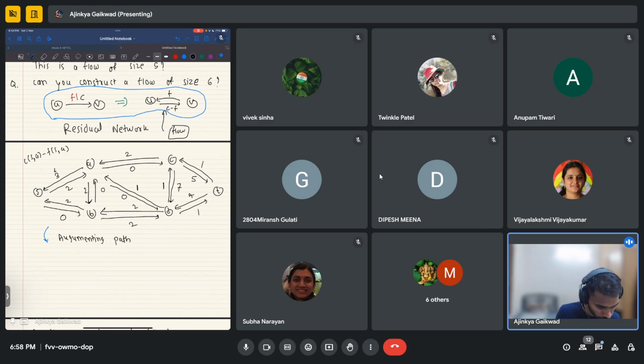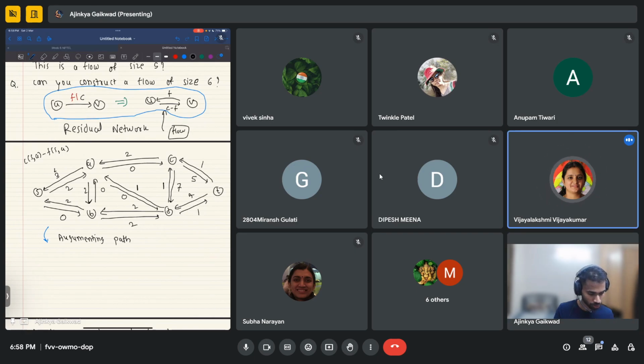So can you see, is there a path from S to T, so this is a directed path. Okay, you cannot use the reverse edges. That is one. Is there a directed path from S to T so that each edge has capacity at least one on that path?